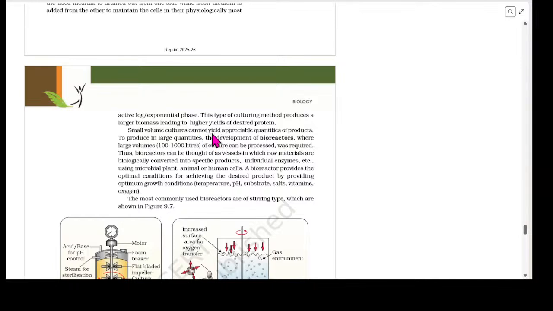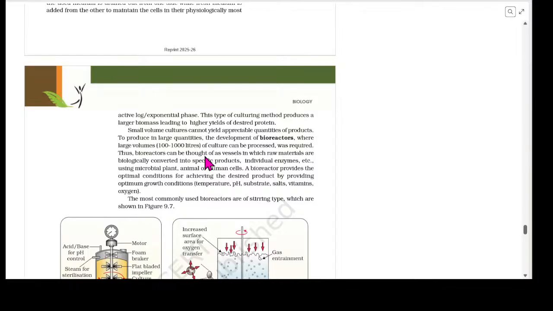Small volume cultures cannot yield appreciable quantities of products. To produce in large quantities, the development of bioreactors, where large volumes, about 100 to 1000 liters of culture, can be processed, was required.